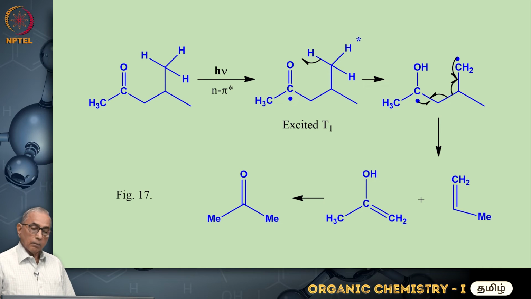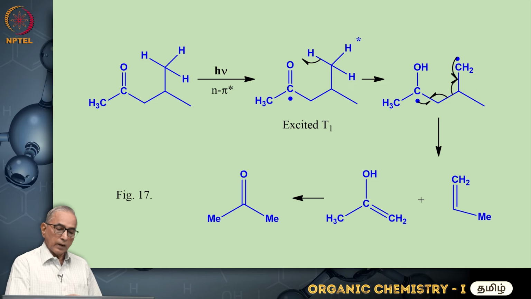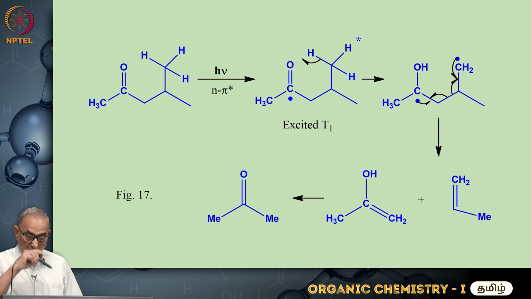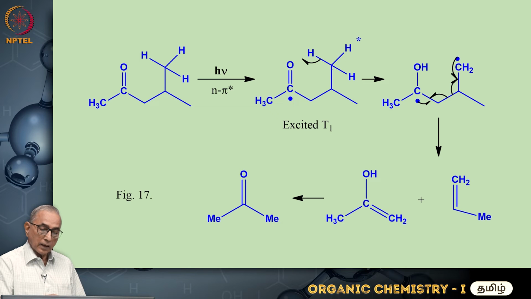The pi level has two different energies, the pi level and the pi star level. So, the electron is transported from n to pi star, and the resulting radical abstracts hydrogen from the carbon, which is the third carbon. So, the hydrogen is abstracted here, and you have this product that is formed like this.